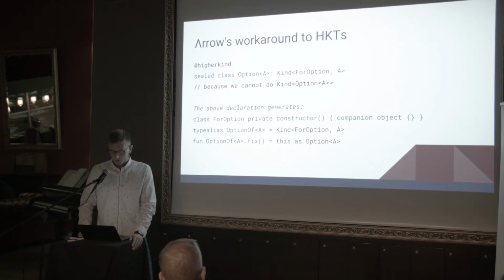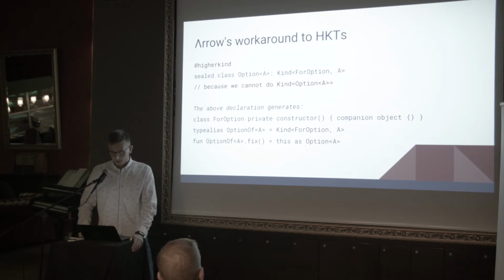For example, it generates for Something a class, which is something like a marker class, and a type alias that translates to the Kind interface, which is Arrow's workaround to higher kinded types. We cannot nest generic types, so we simply write them one by one next to each other. So we flatten this structure.